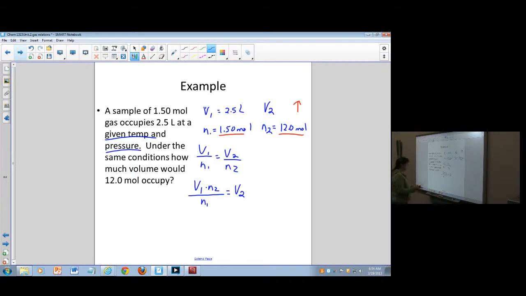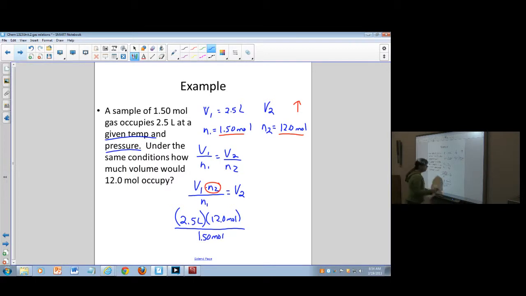So in this case, I'm going to have 2.5 liters from V1. And then it's very important to be sure you get the N2, this thing over here, times 12.0 moles, and divide that all by N1, which was 1.50 moles.